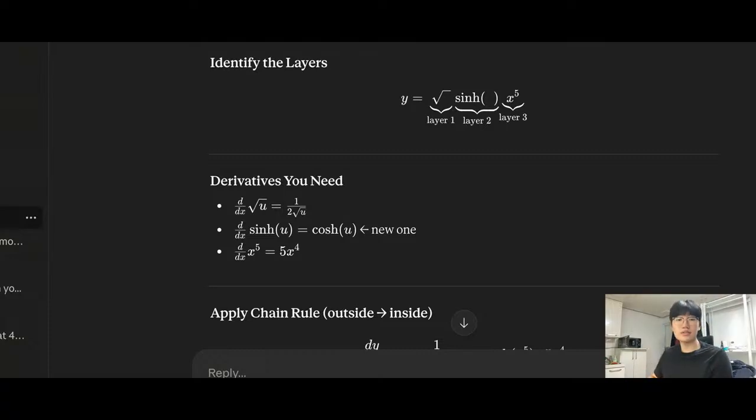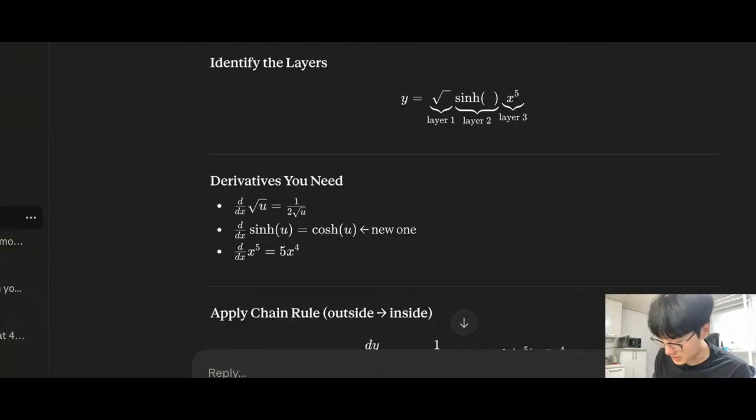Oh, okay. Oh, it's just derivative. I didn't know the first one. So when you take the derivative of something inside a square root, you get 1 over 2 times the number.